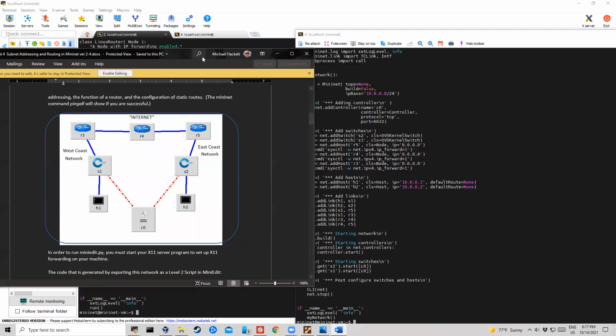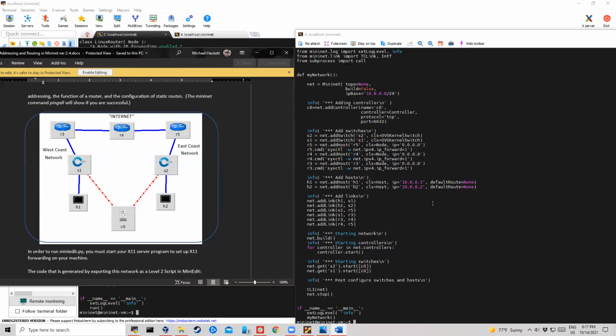So basically over here on the right is the code that we're modifying. So host 1, right now it has that IP, right? But it says default route equals none. So it doesn't have an IP address for router 3. Up here, R3 equals net.add host, and that's where it's initializing router 3, giving it an IP of 0.0.0.0.